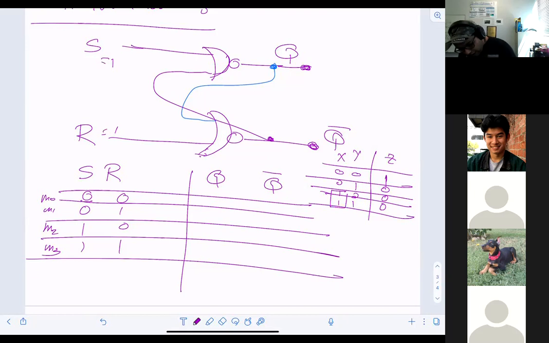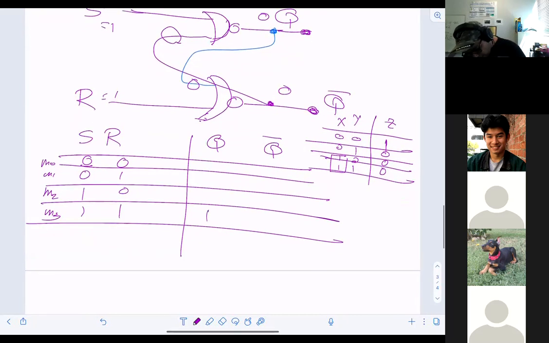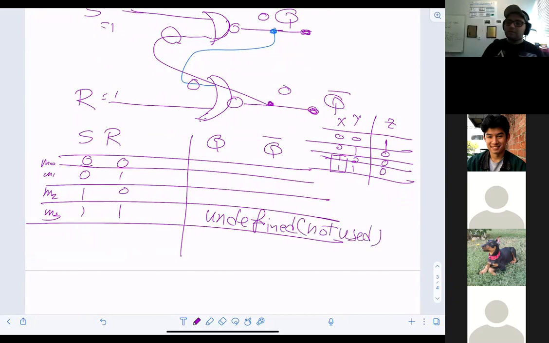So pretty much I have no clue what those are, and I don't care. My output here will be what? 0, 0, which translates to this state not being useful, and it can actually cause the whole setup to crash. So that's undefined, not used. Sounds good? Yep.